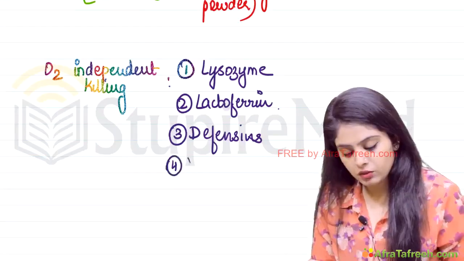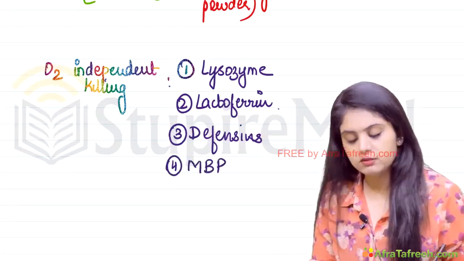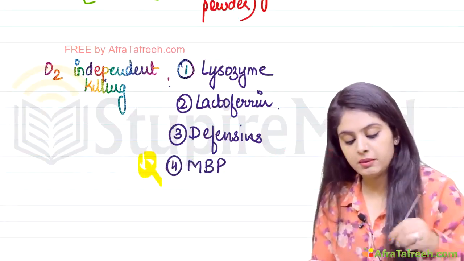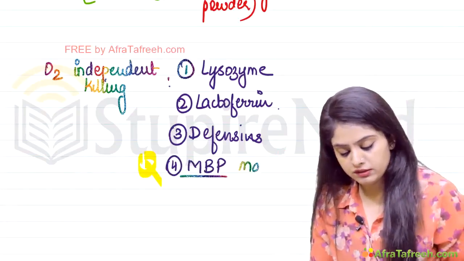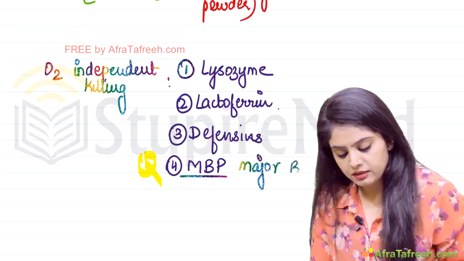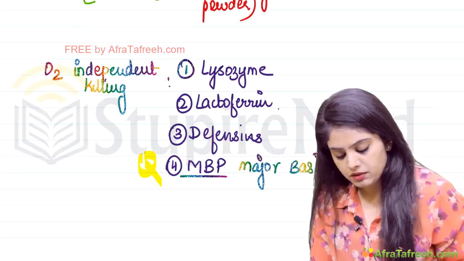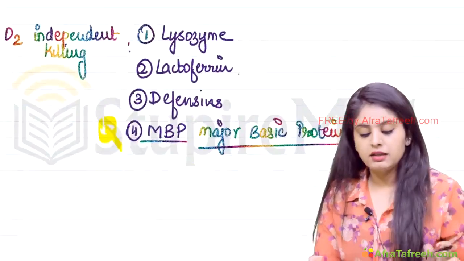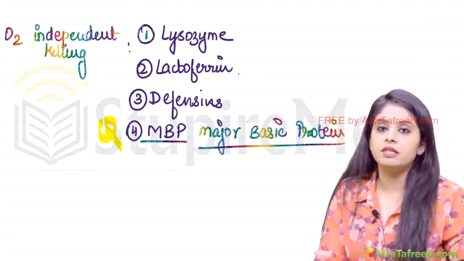Fourth is something known as MBP. Very important. In this list, an important question that has come up, students, is major basic protein. Major basic protein has two questions that have been asked.